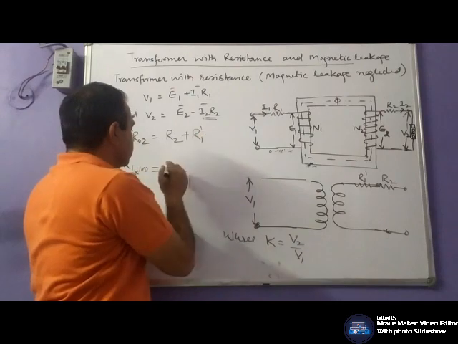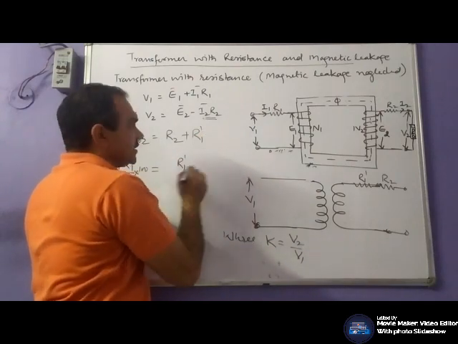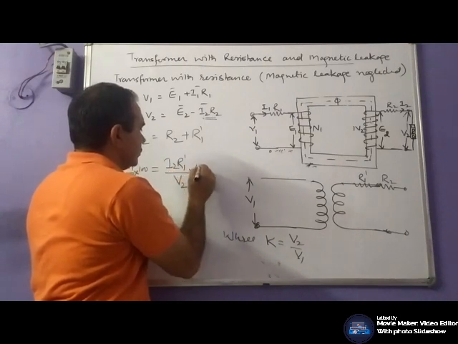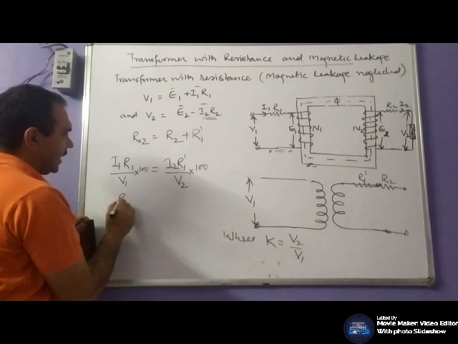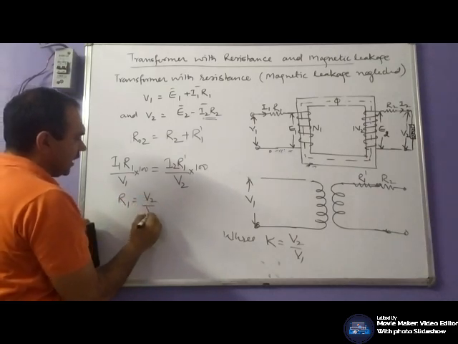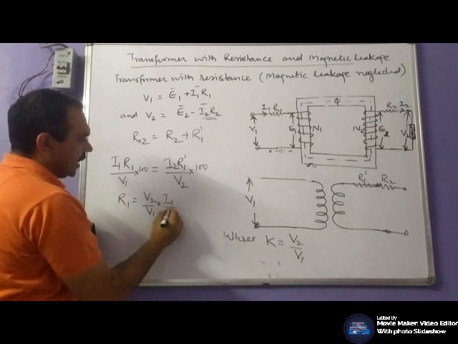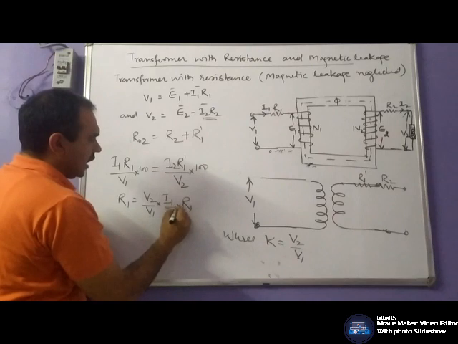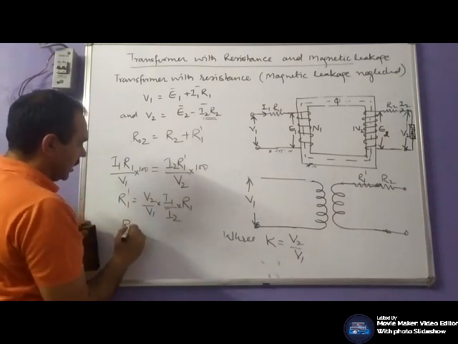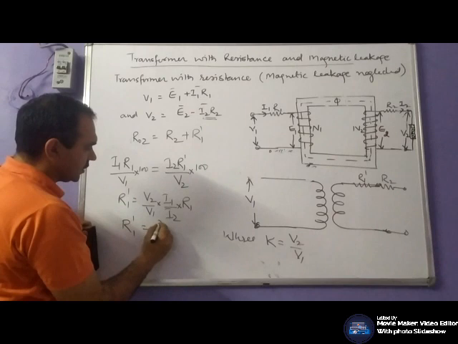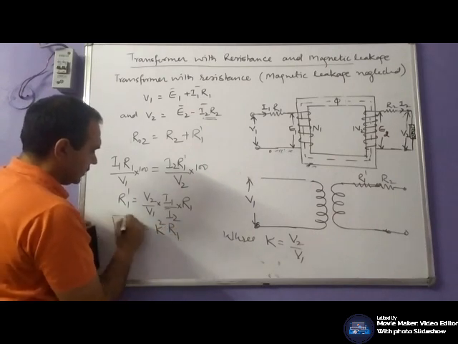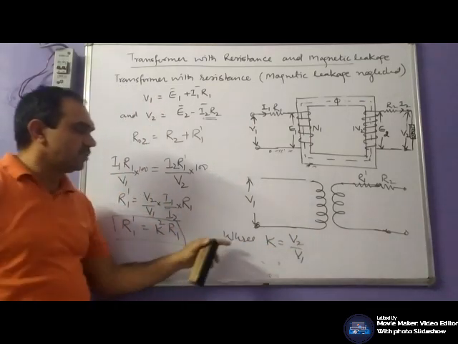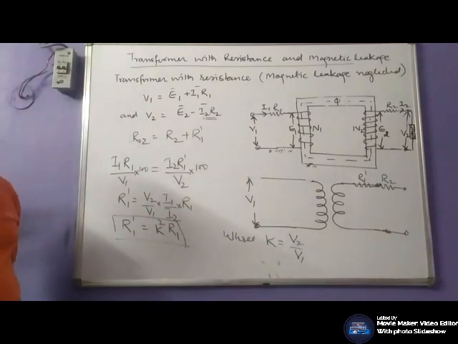This resistance on the secondary side is denoted by R1 dash. What is the current on the secondary side? I2. What is the voltage? V2. So your R1 dash would be equal to V2 by V1 into I1 by I2 into R1, or R1 dash would be equal to K square R1, where K is the transformation ratio given by V2 by V1.